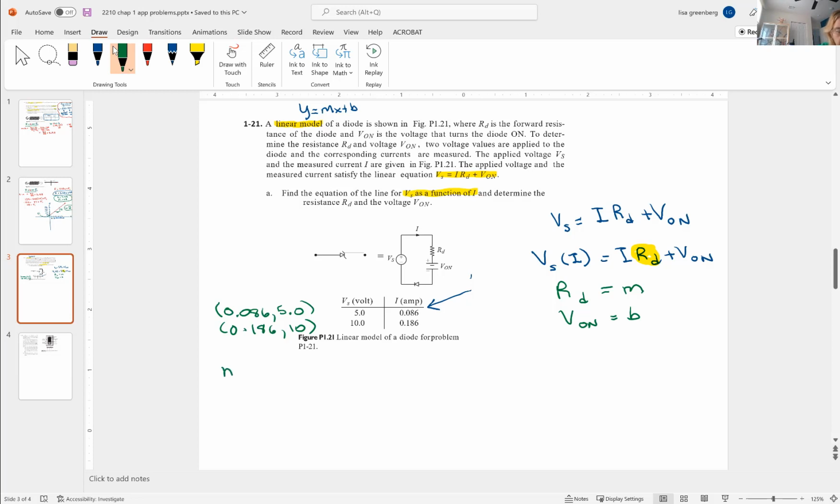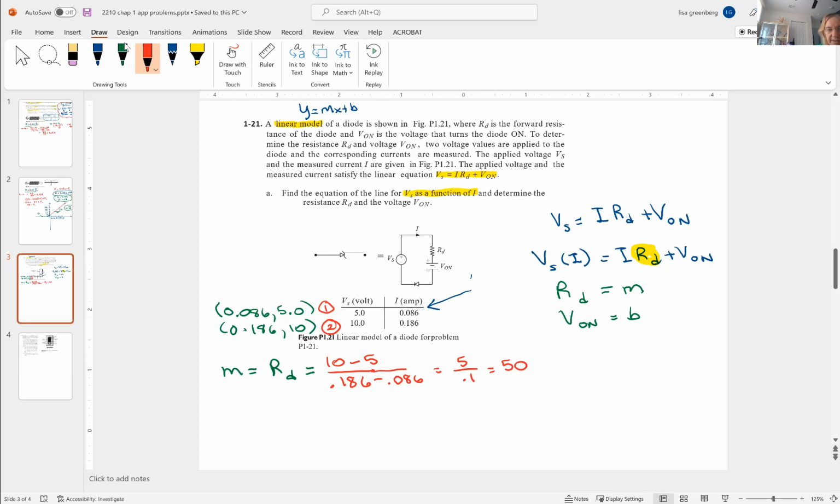So I know the slope, which is the same as R sub D, is equal to, and again, I'll just call this 1 and this 2, y2 minus y1 over x2 minus x1, which is equal to 5 divided by 0.1, which is equal to 50.